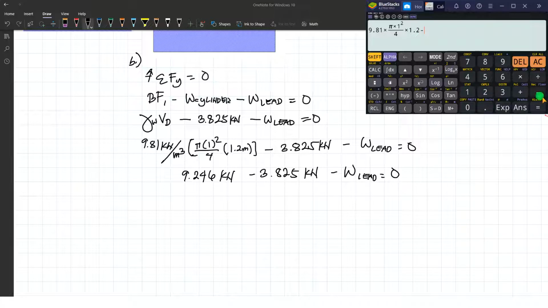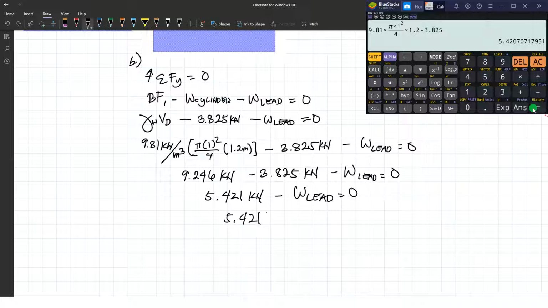So subtract that, 3.825, we have 5.421 kilonewtons minus the weight of lead equals to 0, or 5.421 kilonewtons is equals to the weight of lead.